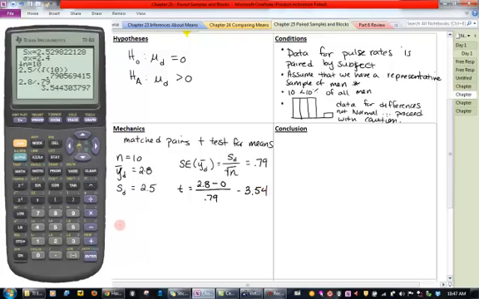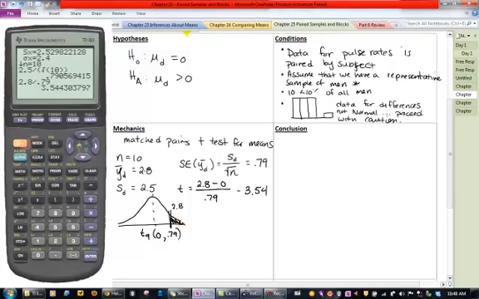Okay, so now I'm looking at my normal model. No, not my normal model, sorry, my t-model. My t-model with 9 degrees of freedom, because our degrees of freedom are n minus 1. This is just like a one sample t-test. We're centered at 0, because we assumed the difference was 0, with a standard error of 0.79, and we are comparing our difference of 2.8, and we're doing an upper tail test.